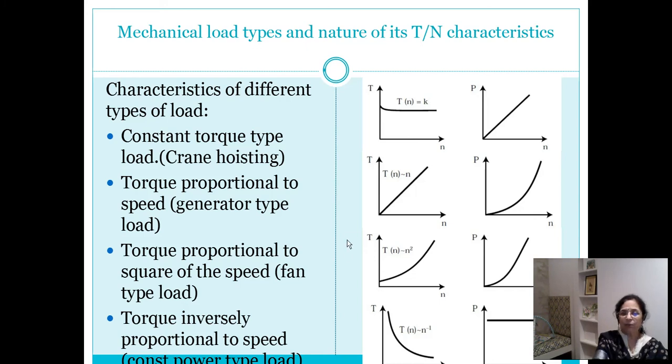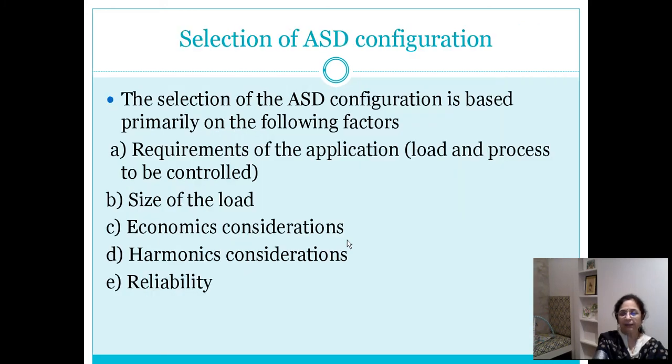That much motoring torque must be generated by the motor and cater to the drive, to the load. So selection of adjustable speed drive, mainly the drives are used for energy efficiency operations, and so their main role is to operate the motor precisely as per the load demand.